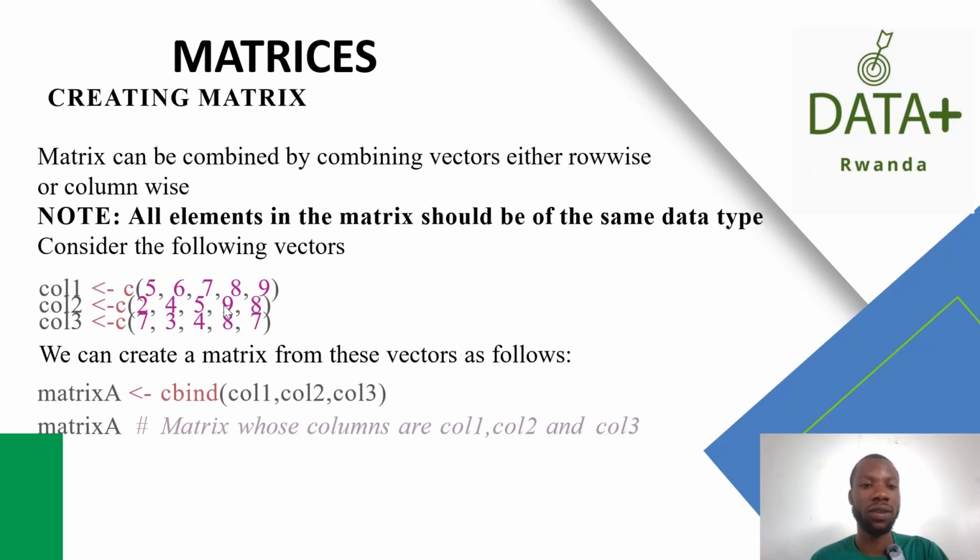I want you to understand this. If we are creating matrices, we are making combinations of vectors that have the same data type and the same length.